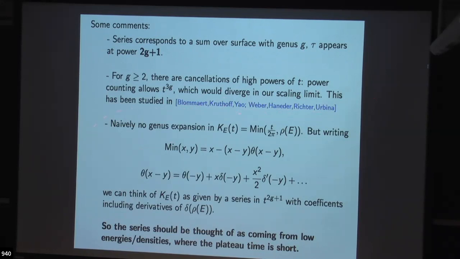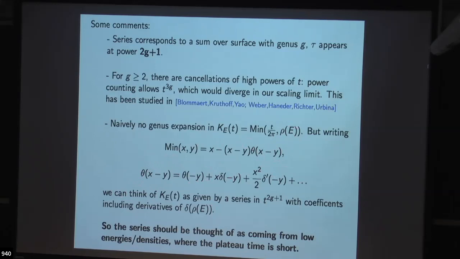And maybe the most important point for us right now is the following. Naively, there's no genus expansion in this GUE ramp and plateau. It's a linear ramp with no corrections, and it has a plateau with no corrections. But we can do a little bit of a strange thing here: let's write the minimum using a theta function, and then expand the theta function as a series of derivatives of delta functions.